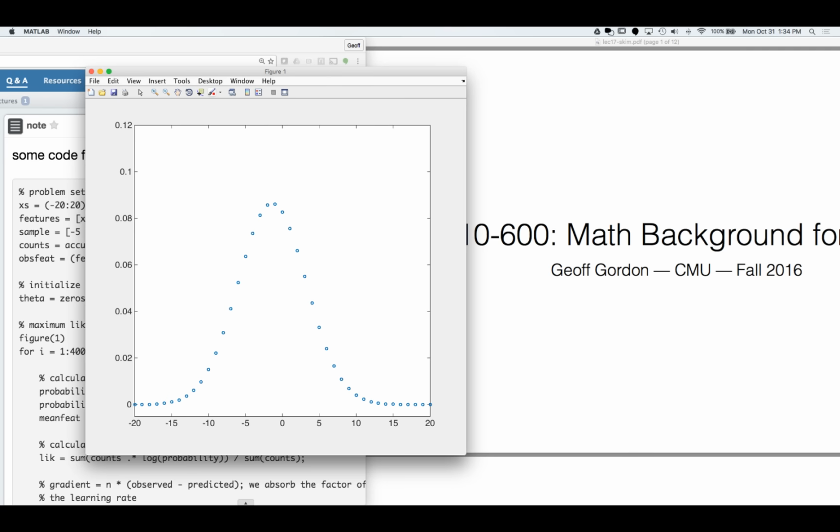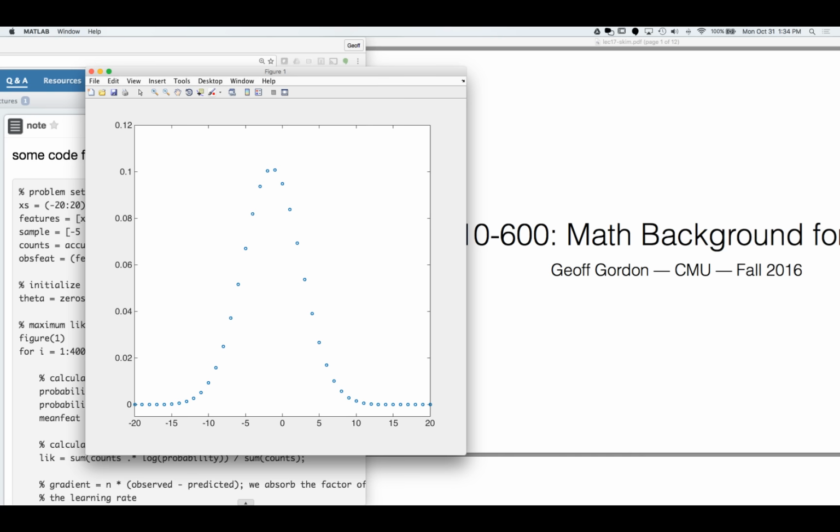The animation is a little bit choppier than I was hoping, but that's okay. You can see that it starts out fairly flat, and relatively rapidly we get this characteristic bump shape that it converges towards.